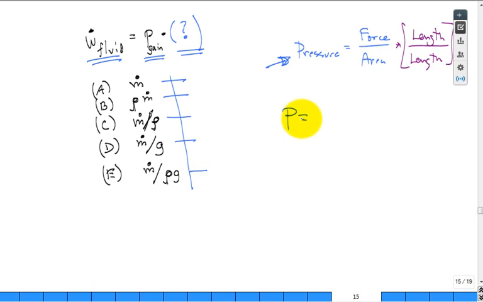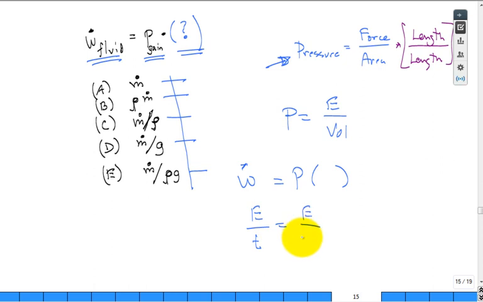So if pressure is energy per unit volume, and I want to multiply pressure by something such that I get W dot. What is W dot? That's power. That's energy per unit time. So I have energy per unit volume. I want to multiply by something to get energy per unit time. True? Can you see what I need to multiply by?